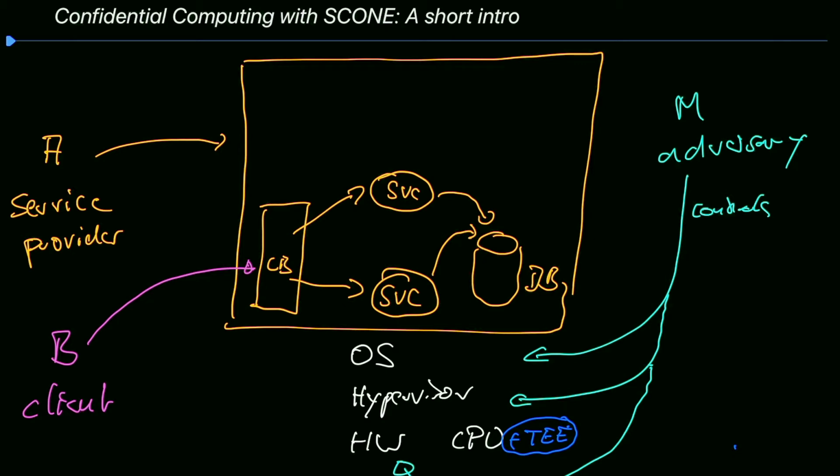And so with SCONE, we do in principle the following. We protect the application of Alice from accesses from Mallory, because Mallory might be interested in our data. So she might want to read the data that is in the database. She might want to read data that is in the main memory that's processed by this service.